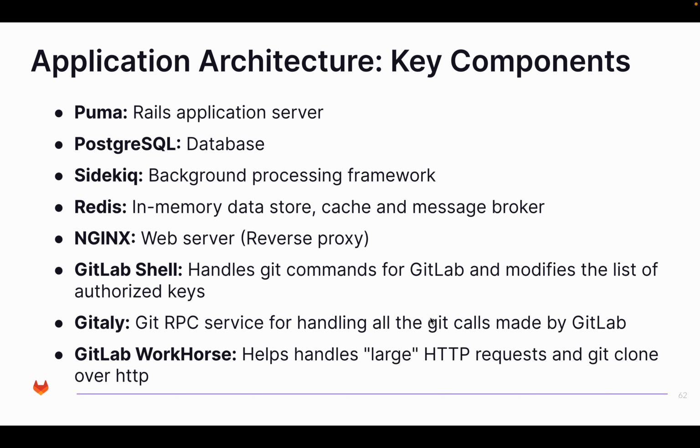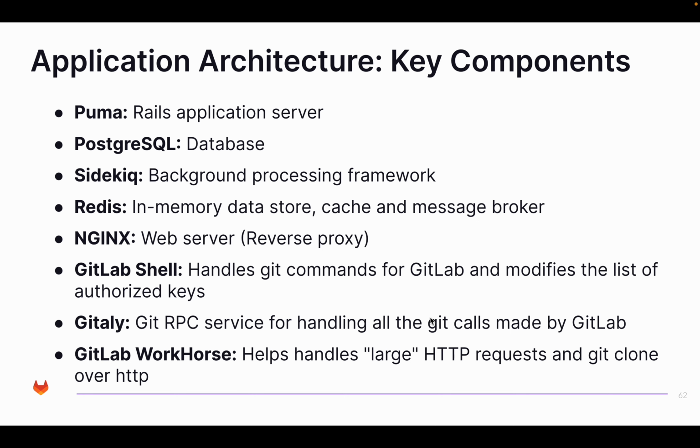Another important part is Sidekiq. Sidekiq is a background processing tool, so it's running all kinds of background tasks. And also all your build jobs are queued into Sidekiq to be executed in a runner later on.